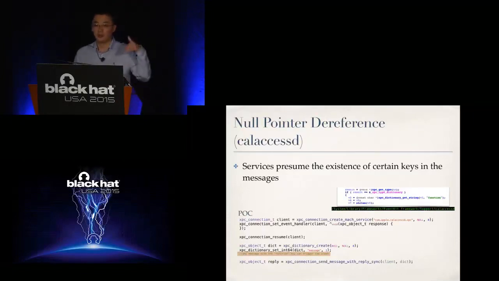If an application is malicious, it can crash some services. That means all other applications are not able to use those services. For example, if I can crash some very important service on your iPhone, I can trigger some kind of denial of service.